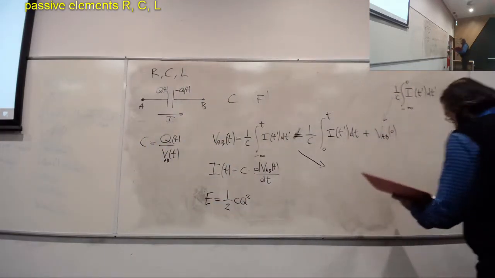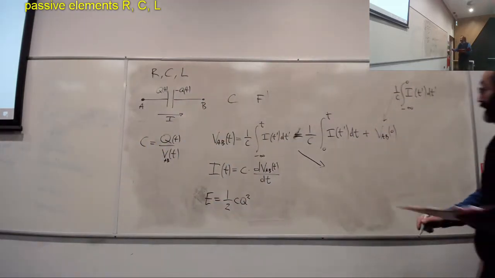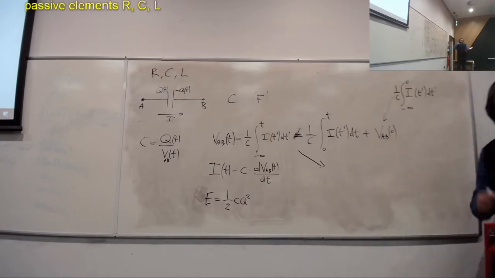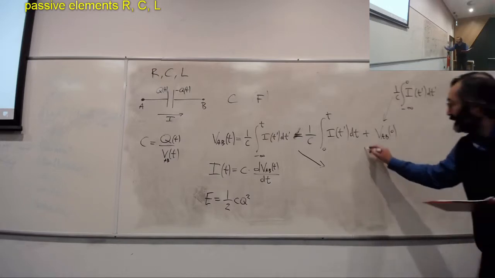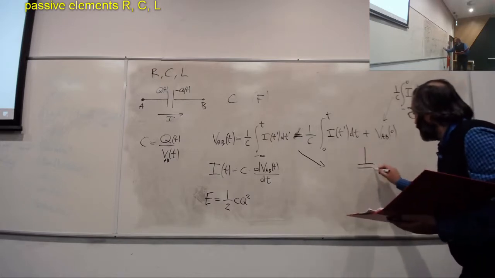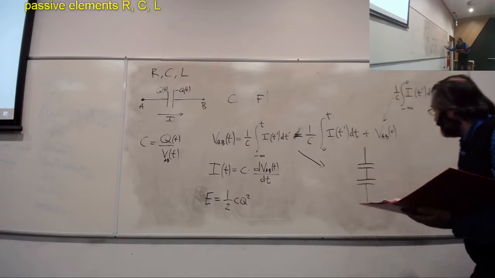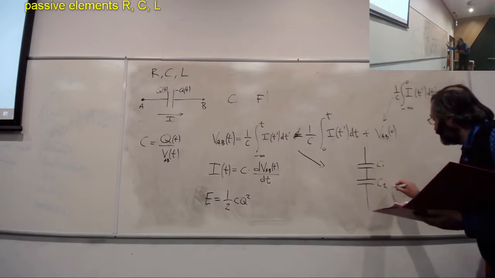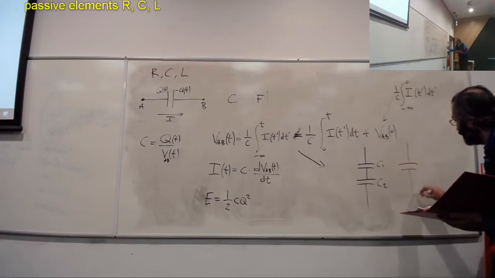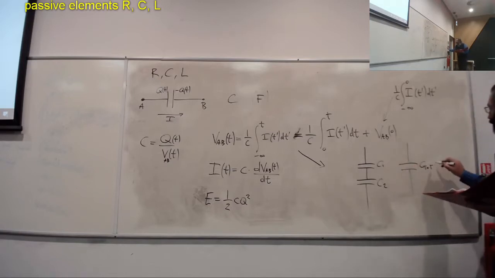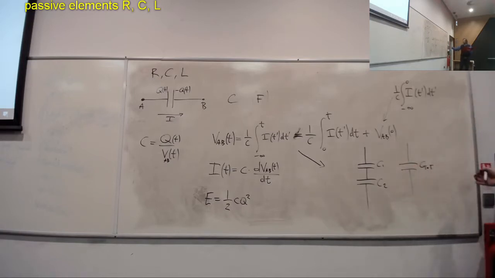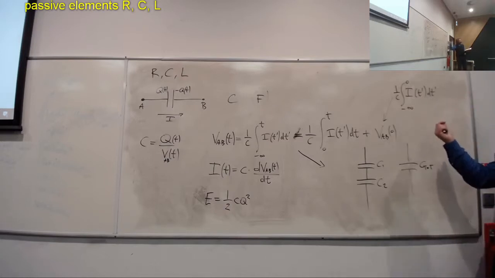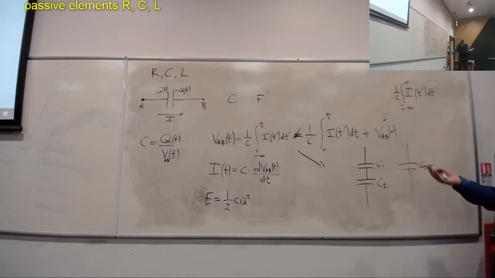Let's see some more circuit-related properties. So the series of capacitors, let us remember that if I have this situation, this is equivalent to a total capacitance that follows the rule we saw previously for the parallel of resistors.